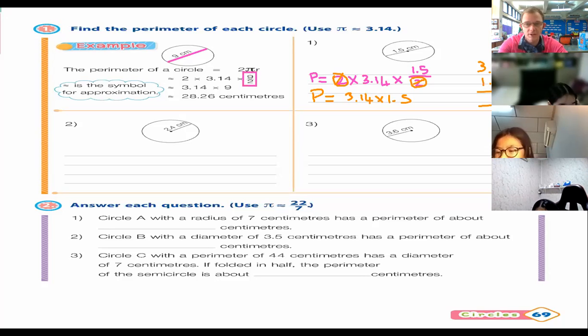The perimeter over here will equal 4.71. If we calculate it properly, 4.71.